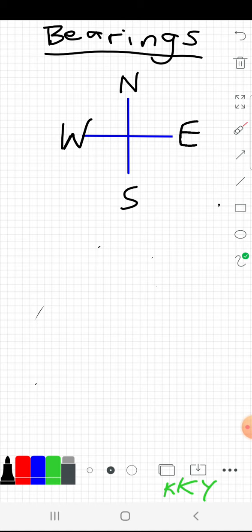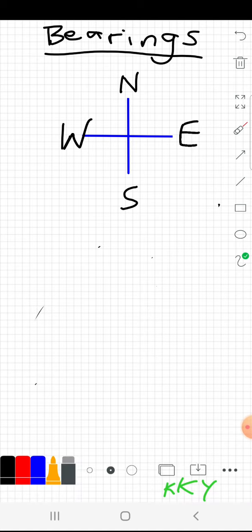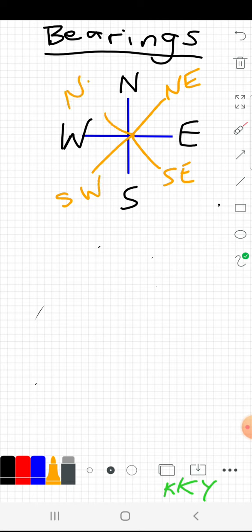And of course, this already should make you see that in this region we have the northeast region, and this is the southeast region. This is the southwest region, and this is the northwest region.